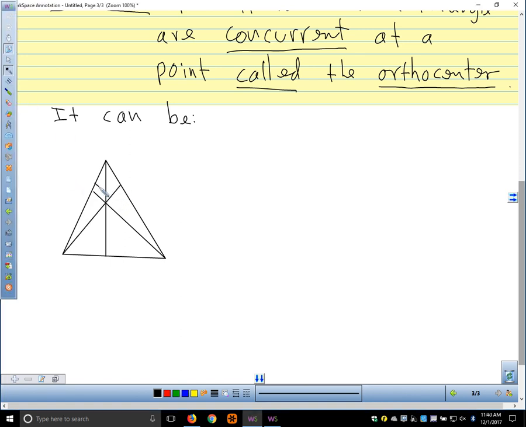And those are perpendicular segments. So it can be in an acute triangle. It can be on a right triangle.